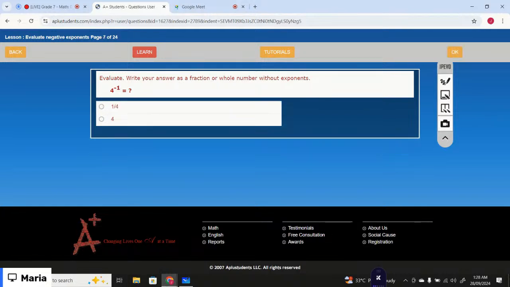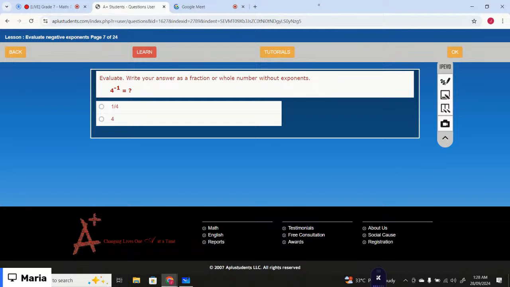Got it? Okay, the next one is 4 exponent negative 1. So which is the correct option? The correct option is option number 1.